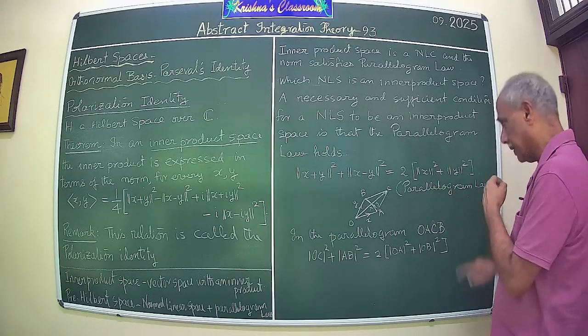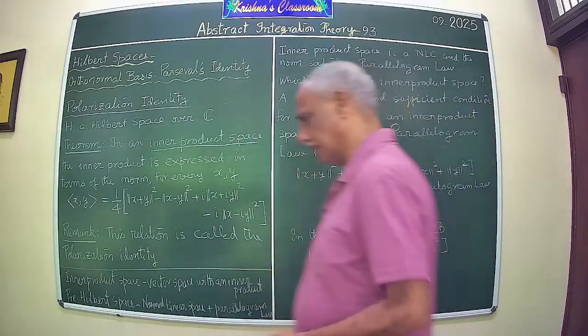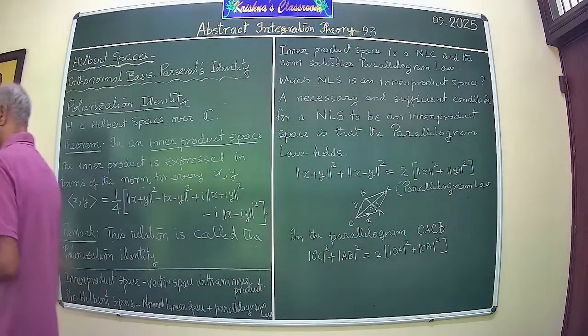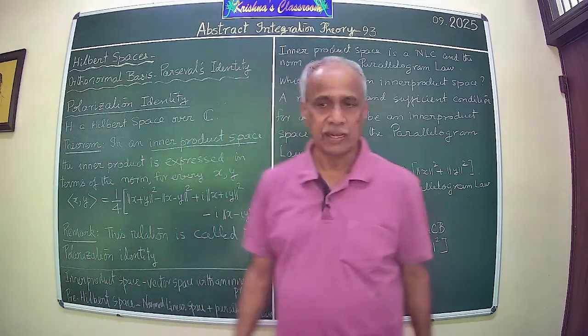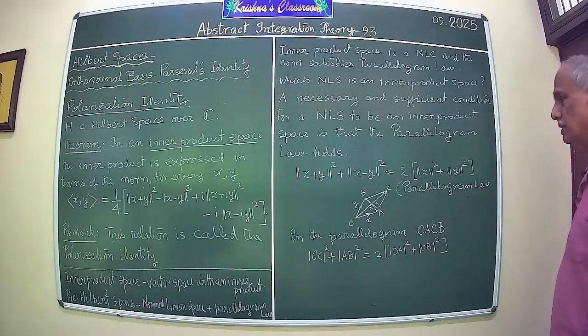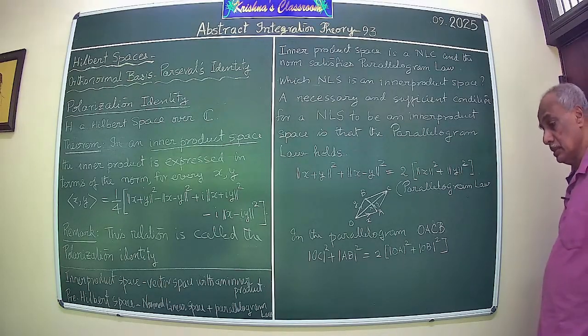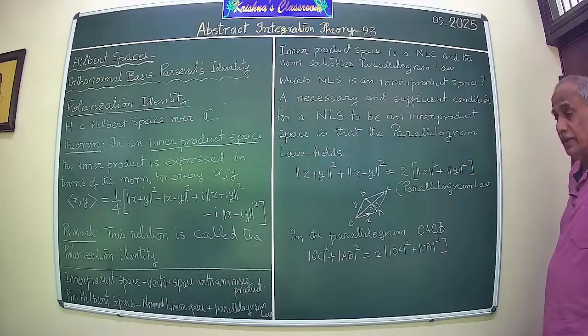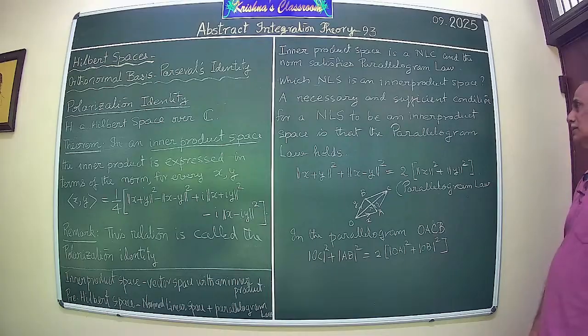Okay, this is the same. So this is what is called the parallelogram law. Now, what we have said is that this is a necessary and sufficient condition in a normed linear space for the norm to be derived from an inner product.